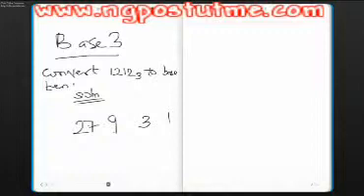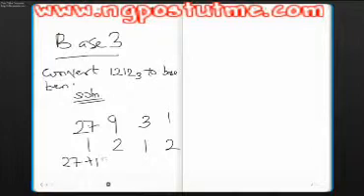So I have to place my digits under the codes. 1 is the first digit, it goes under the first code 27. 2 is the next one, it goes under the next code 9. 1 is the next one, it goes under the next code 3. And 2 is the next one, it goes under the next one 1. Now do your multiplication. 27 times 1 is going to give you 27. 9 times 2 gives you 18.